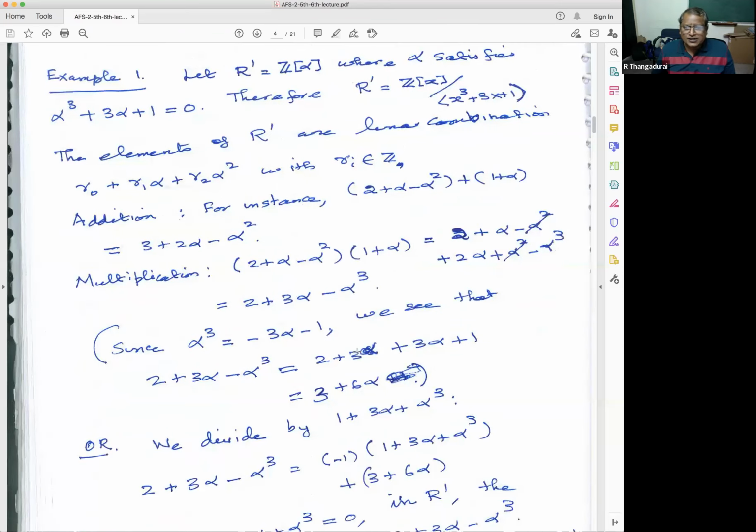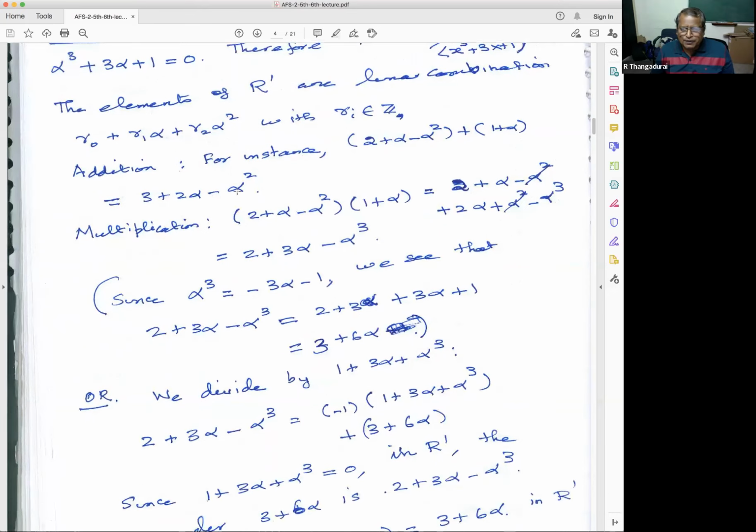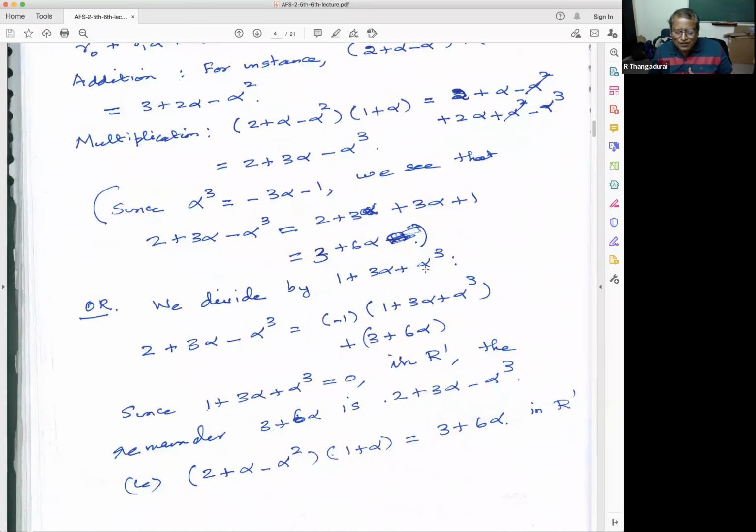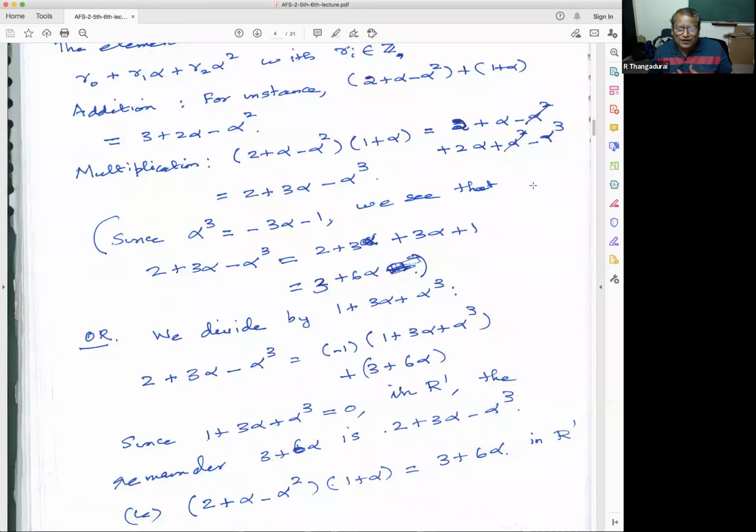For addition, for instance, take two elements: 2 plus alpha minus alpha square, and 1 plus alpha. The addition is just the usual addition. Multiplication: when we multiply completely, we will get alpha cube, and alpha cube has to be replaced by lower terms. We can do it in two different ways.